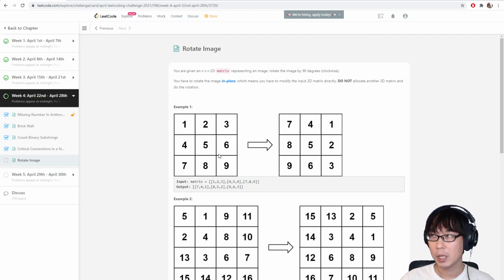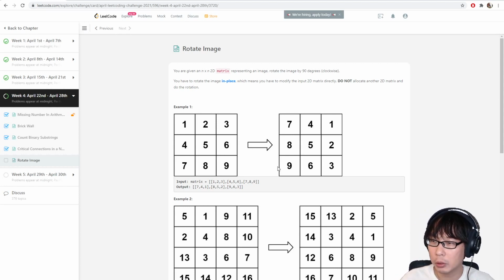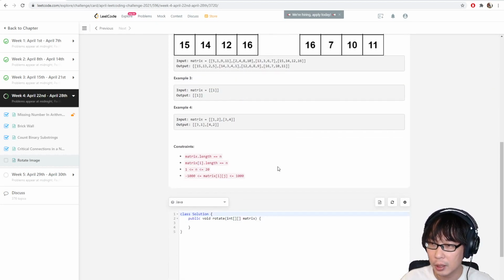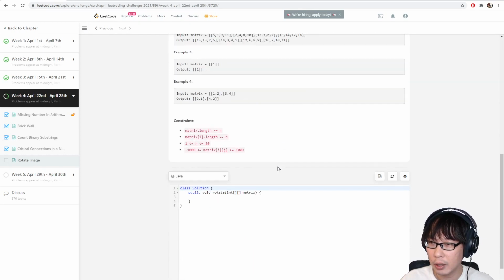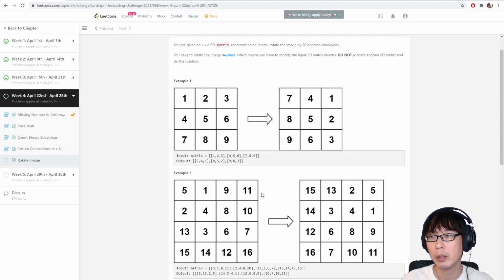Okay, so for me, we are supposed to do that in place, which means there is no return value. Okay, let me think about it. We have a one-to-one mapping from this to that.